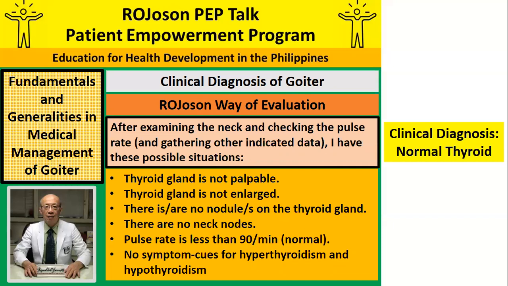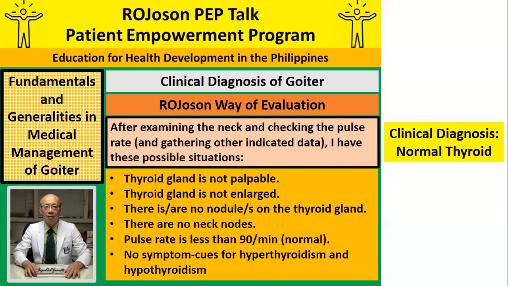Scenario 1, or first situation: thyroid gland is not palpable, thyroid gland is not enlarged, there are no nodules on the thyroid gland, there are no neck nodes, pulse rate is less than 90 per minute, which is normal, no symptom cues for hyperthyroidism and hypothyroidism.